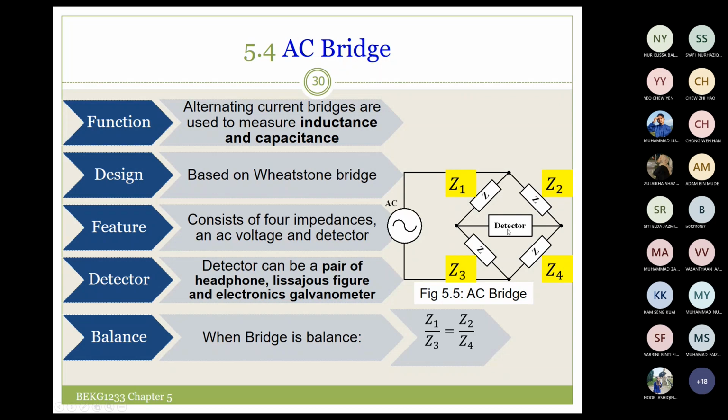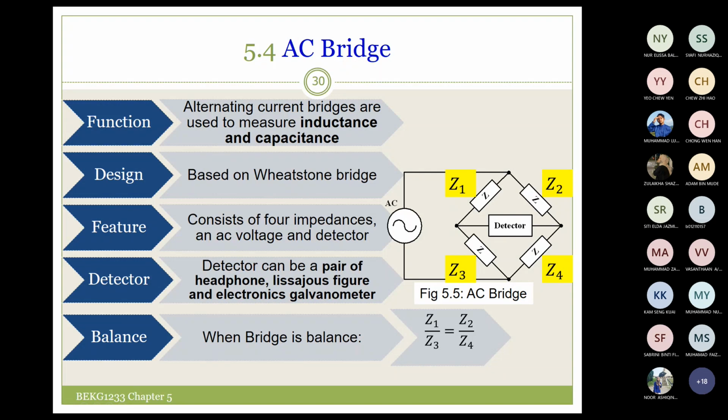The features of this AC bridge consist of four impedances, Z1, Z2, Z3, and Z4, one on each side, an AC voltage as the source, and also the detector in the middle of the bridge.